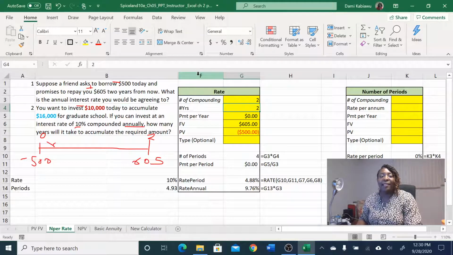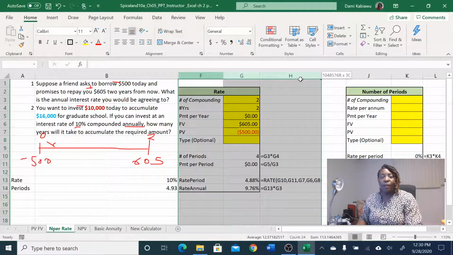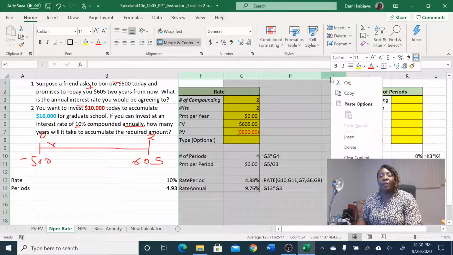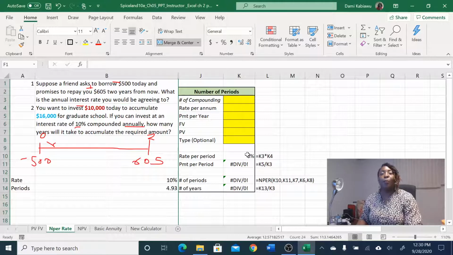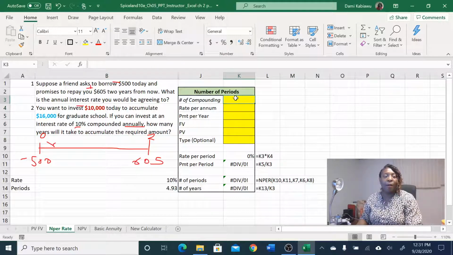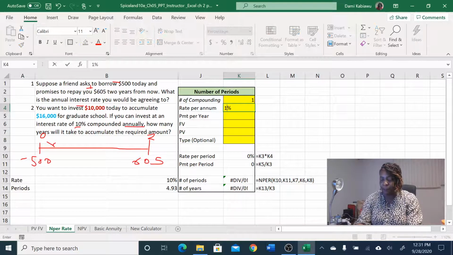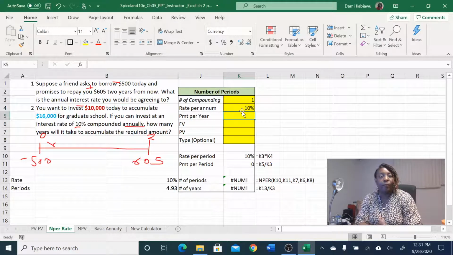Now I'm going to hide this calculator as well, because I need the number of periods calculator for the next problem. So here it is. We're going to recreate question 2. Number of compounding periods is annually compounded, so that's 1. Rate per period is 10%. Payment per period, we're going to put 0.